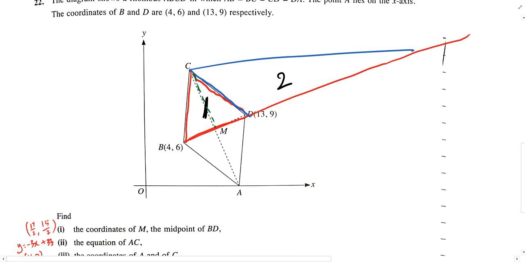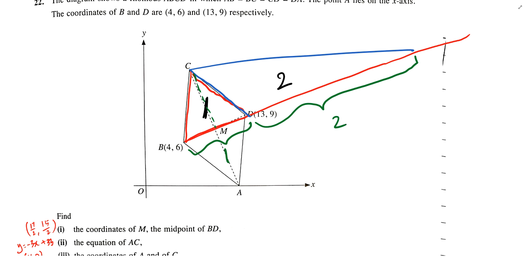So if they have the same height, the ratio of area must be the ratio of base. So what is the ratio of base? If this is 1 unit, then this must be 2 units, right? So double the length.